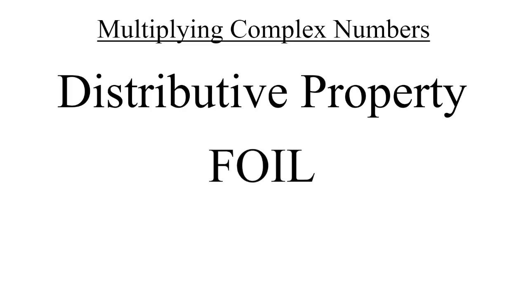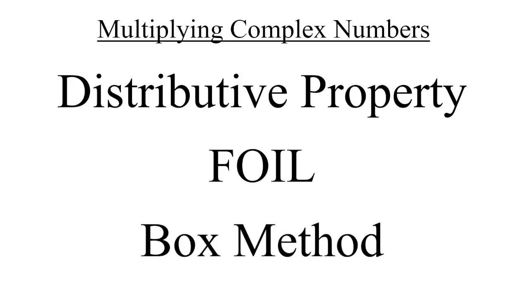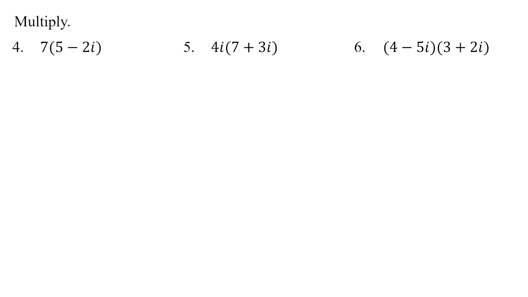You apply the FOIL method if you're multiplying two complex numbers. And yes, you can also use the box method to multiply complex numbers. And that's for the two cases I have just described. So let's look at some examples.